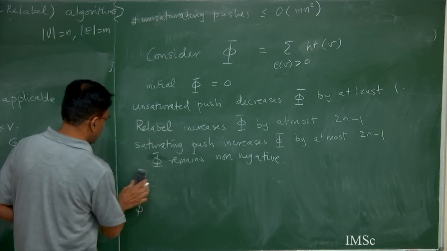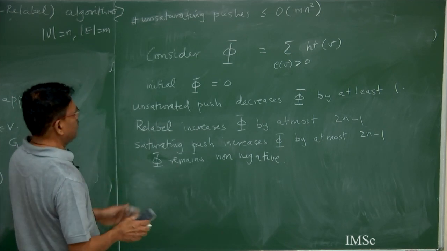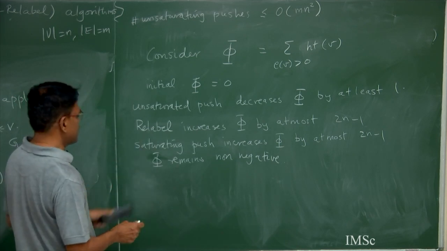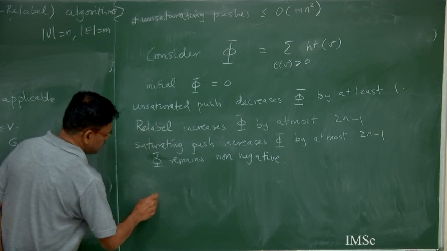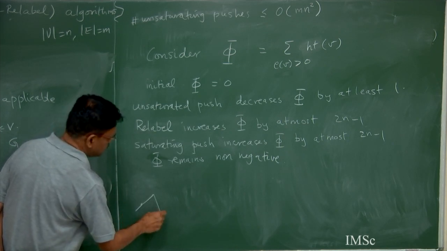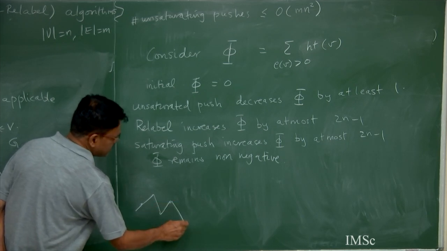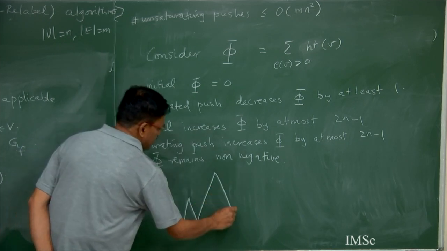So if you plot how the increase and decrease happen, you may have a relabel increasing it, a saturating push increasing it, and maybe an unsaturating push decreasing it, and then increasing it, decreasing it, it goes on.